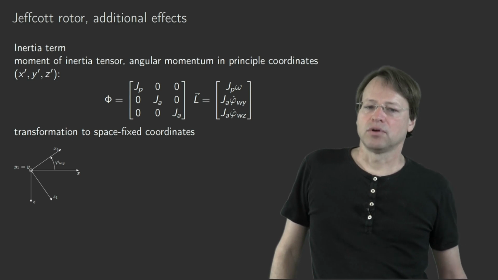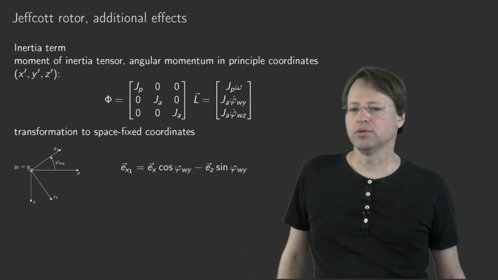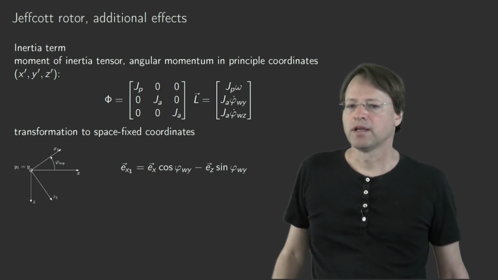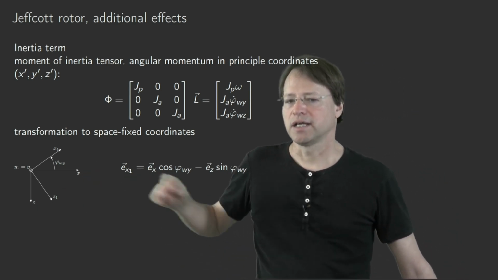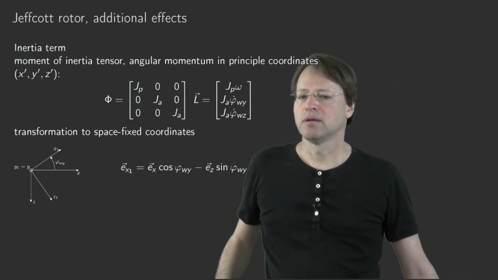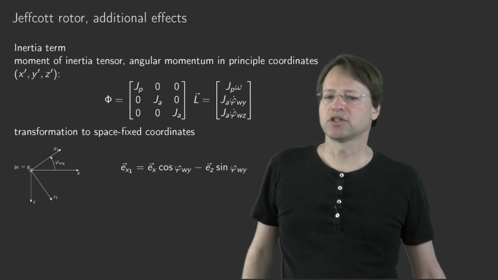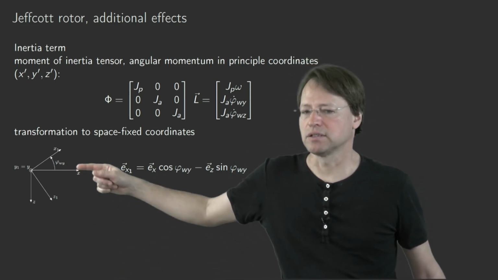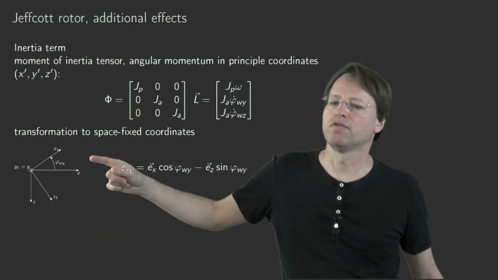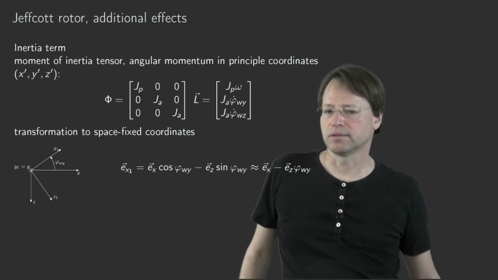The relations for the unit vectors are obtained by projecting them on the x and z axis. This is done for x sub 1 by taking the cosine of phi in the x direction minus, as the z-axis points downwards, minus the sine of phi times the ez unit vector.